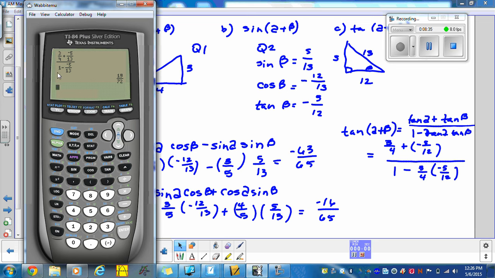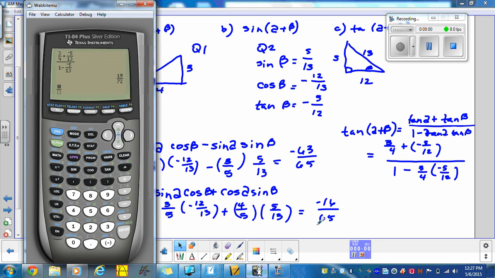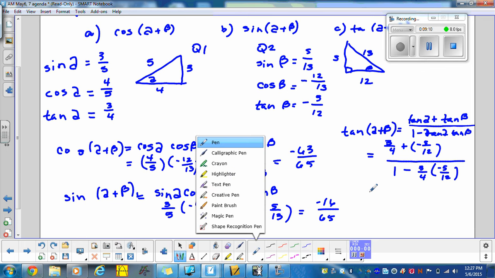There we go. So remember, I used the alpha y equals button to set up my fractions. So I have a fraction here that looks exactly like this one, which is quite handy. So I get 19 over 72. So this is equal to 19 over 72.